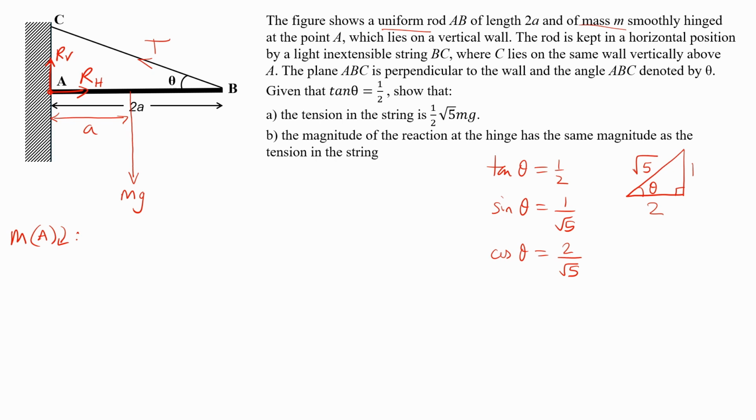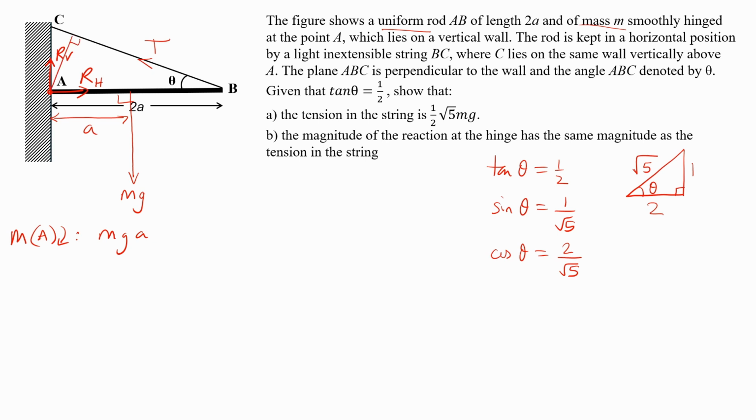So back to my calculations. Moments about A. The weight is a distance of a away from capital A. That's the perpendicular distance. So we get mga clockwise. Now the distance of the tension.